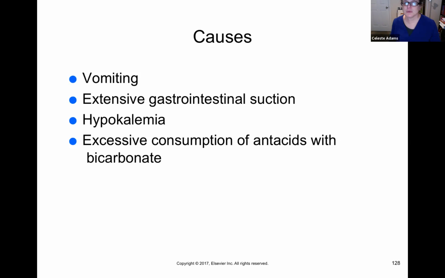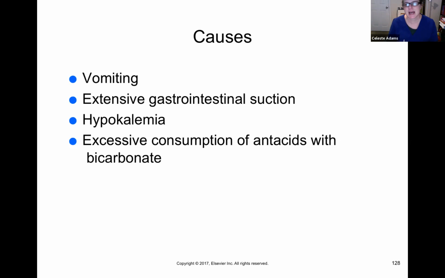Hypokalemia, so low potassium. We said high potassium caused metabolic acidosis. Hypokalemia is going to do the opposite. It's going to cause metabolic alkalosis, for the same reason, because bicarb and potassium go opposite.